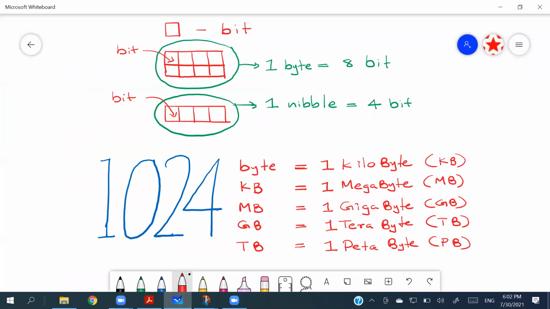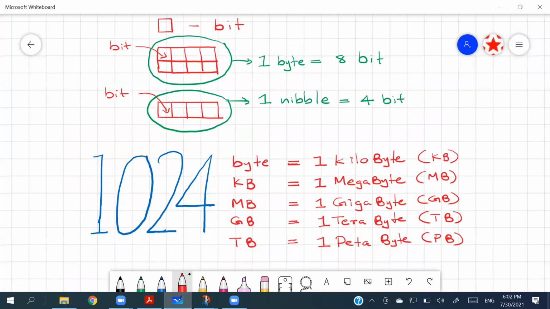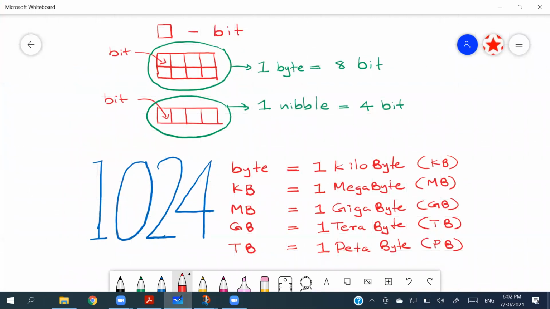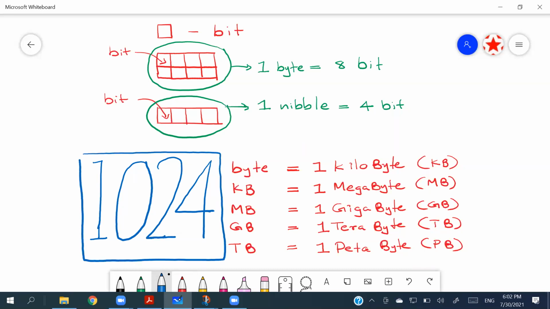Okay, so you can copy this down. So we have to copy the whole page. Yes, the whole thing. When you are writing this 1024, just write it like it belongs to each and every unit over here. So make sure it covers all the units.